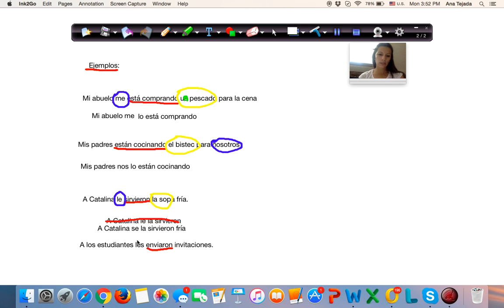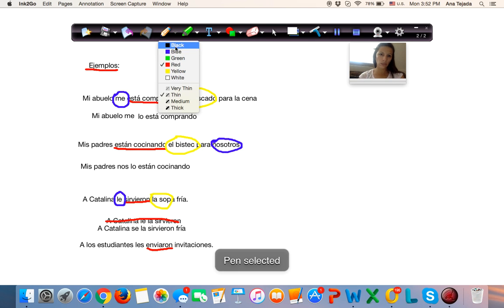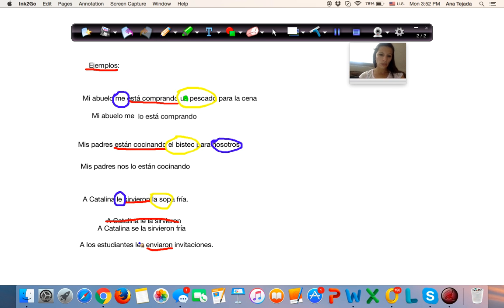To the students, and we need our blue. And we have it here, just like in the other example, les. And so since our action is enviar, to send, what was sent? Muy bien, invitaciones, invitations.